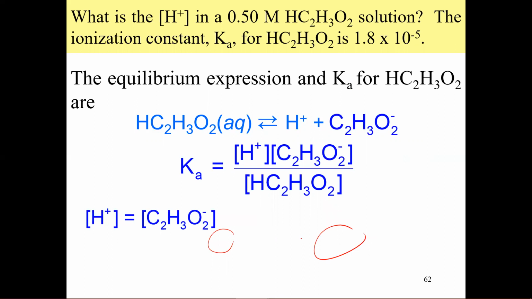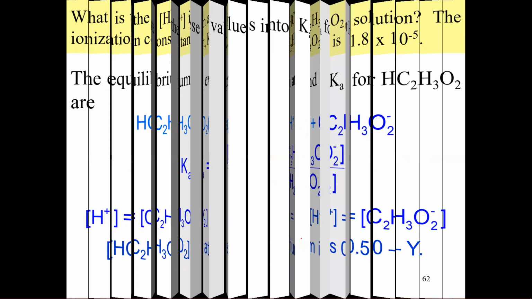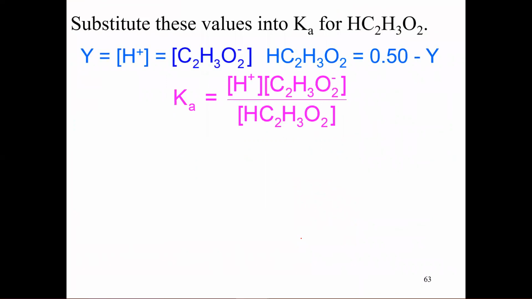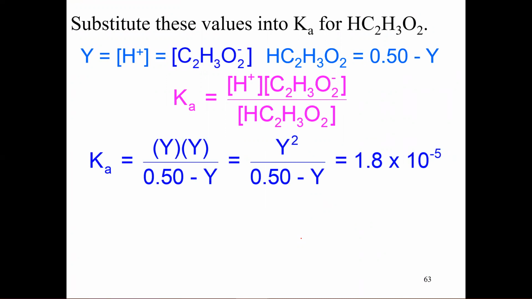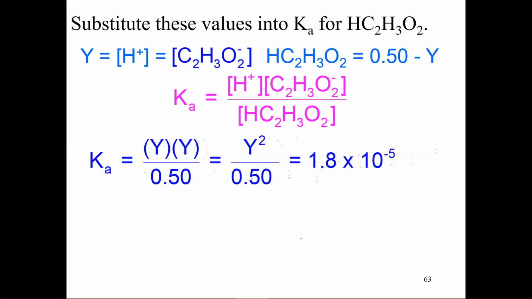So the H plus is equal to that one. Let Y equal the H plus. Then the acid concentration is 0.5 minus Y. You substitute the values in, so you have Y squared over 0.5 minus Y equals 1.8 times 10 to the minus 5.